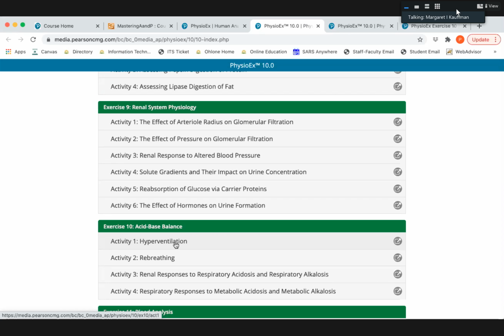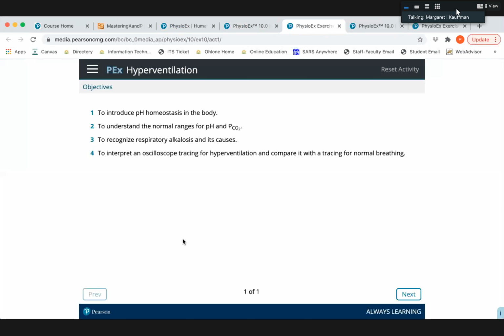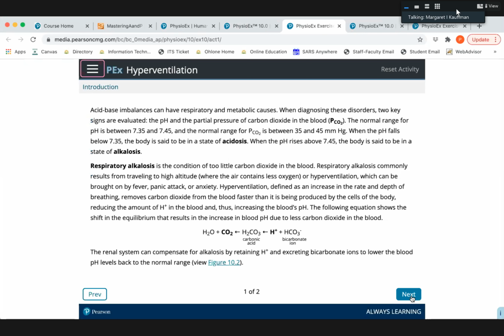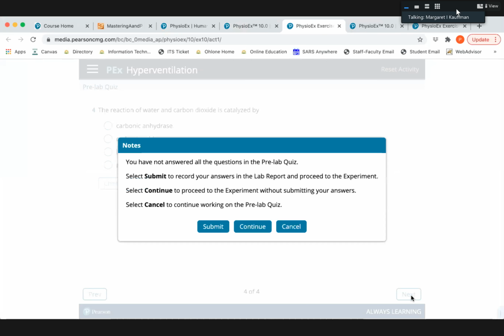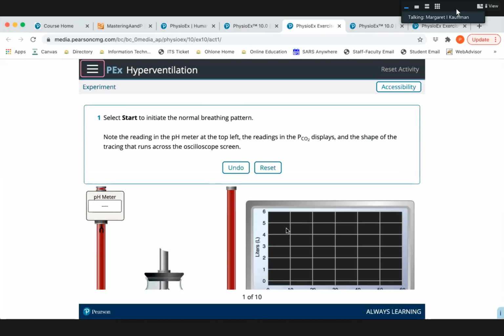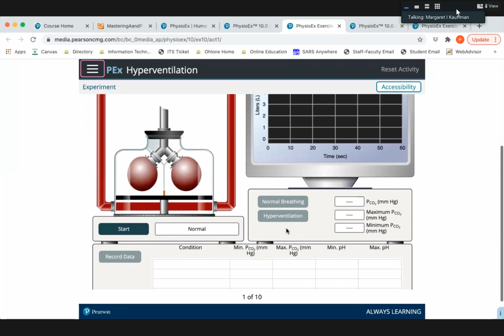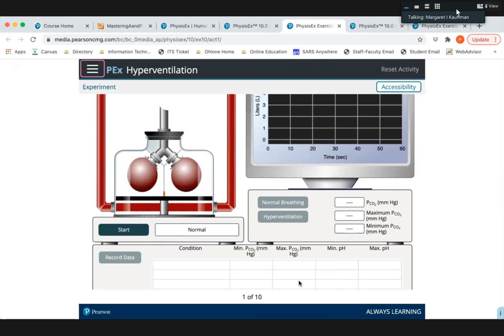So if we go into that one, it's not a very long one. I think there's 10 pages to it. Once again, there's some introduction you can read, and it'll eventually lead you to a little machine, kind of like we had in the urinary system. And down here, there's a box where you're going to record data.